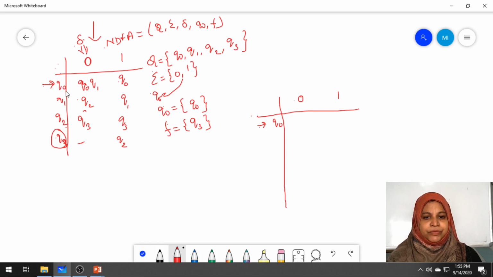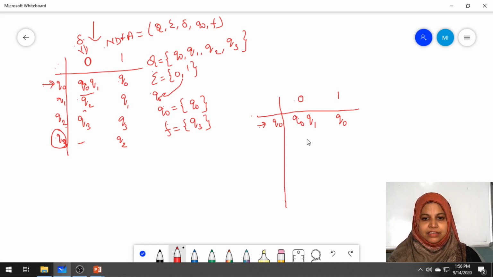Now perform the transition. Q0 on 0 is Q0, Q1. Q0 on 1 is Q0.